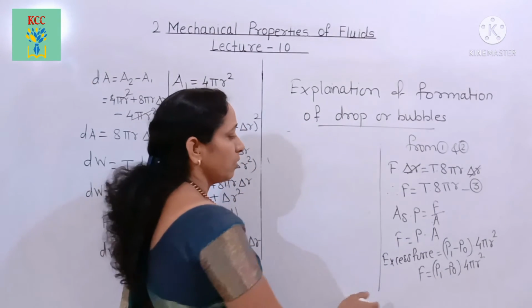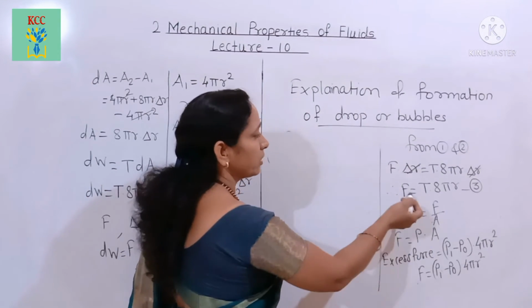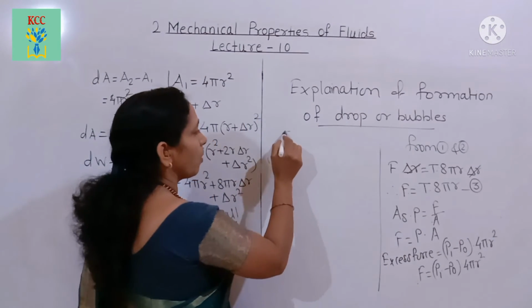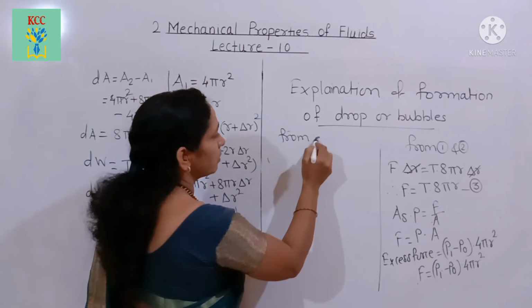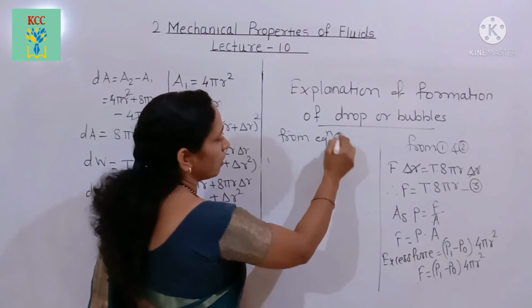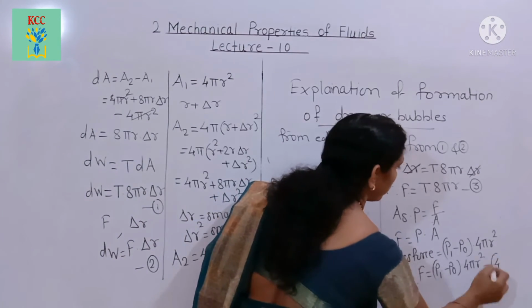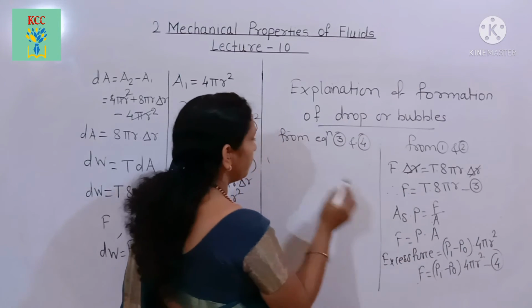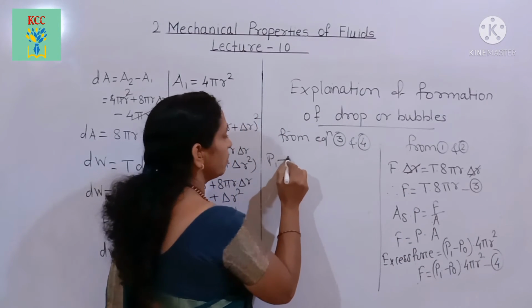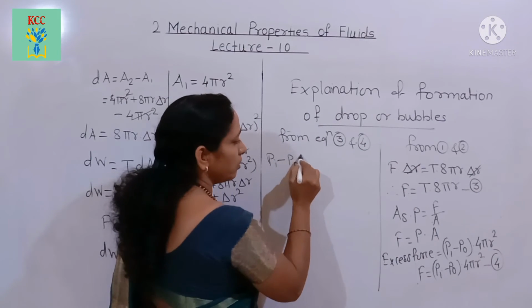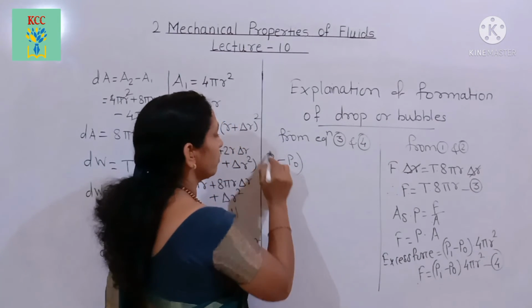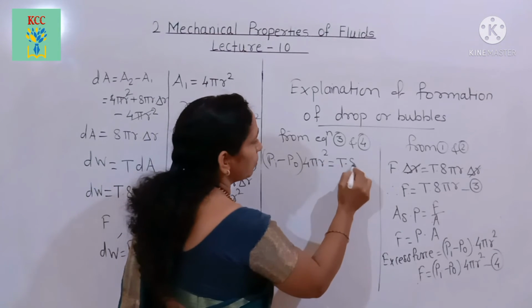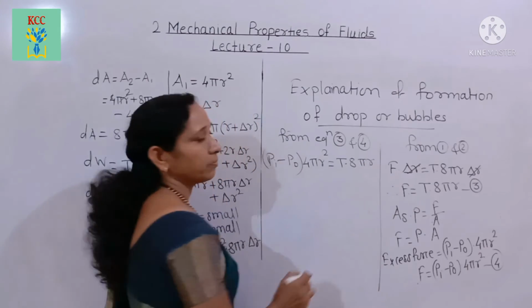From equations 3 and 4, we get Pi minus P naught into 4 pi r square equal to T into 8 pi r.